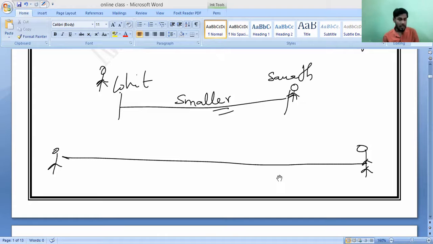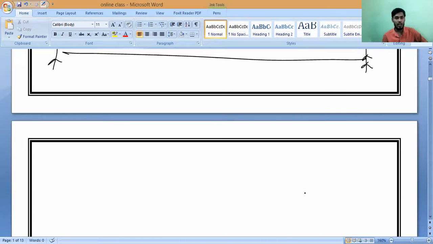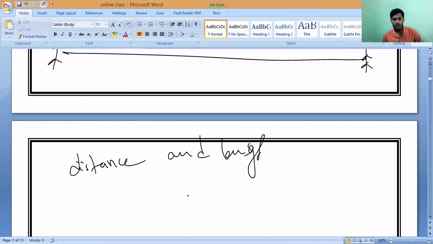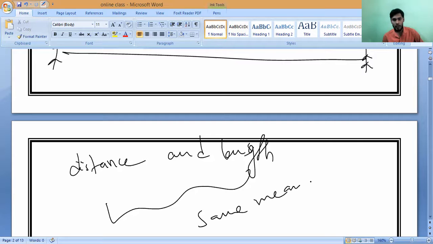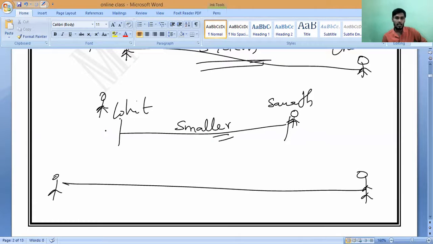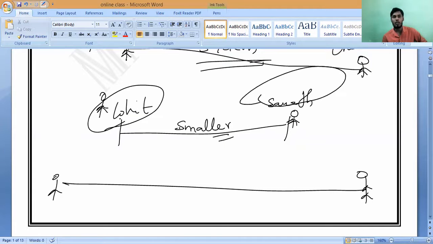So we can say the measurement of distance. If I say the term measurement of distances, both have the same meaning. The words distance and length, L-E-N-G-T-H, both have the same meaning. So if I say, measure the distance between Lohit's home and Sanath's home, or else measure the length between Lohit's home and Sanath's home, then both are right.